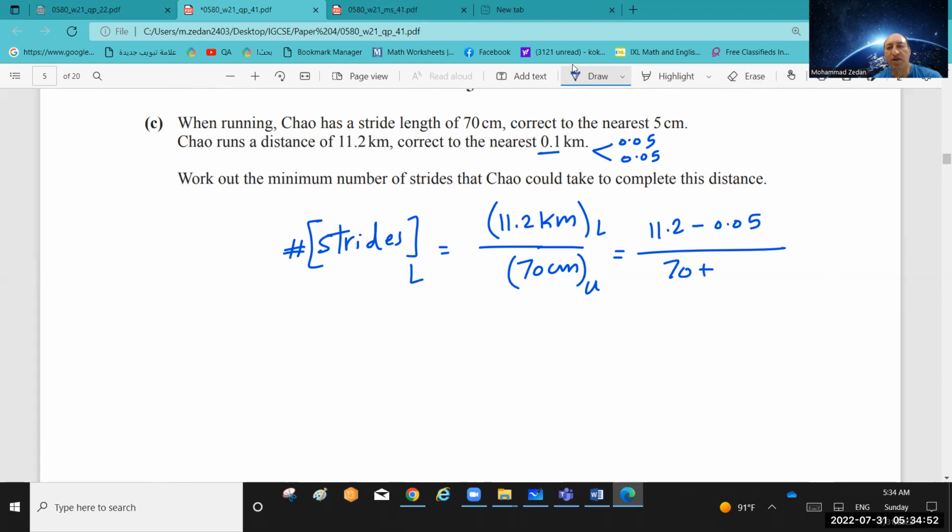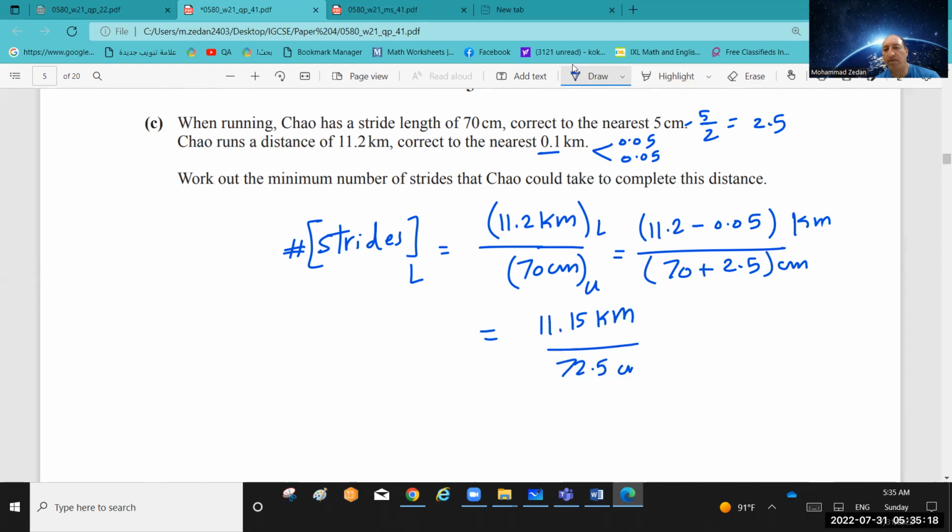This 70 is corrected to 5 centimeters, so divide the accuracy level by 2, giving 2.5. Just add 2.5 to 70. Don't forget this is centimeter and this is kilometer. So I have 11.15 kilometers over 72.5 centimeters.